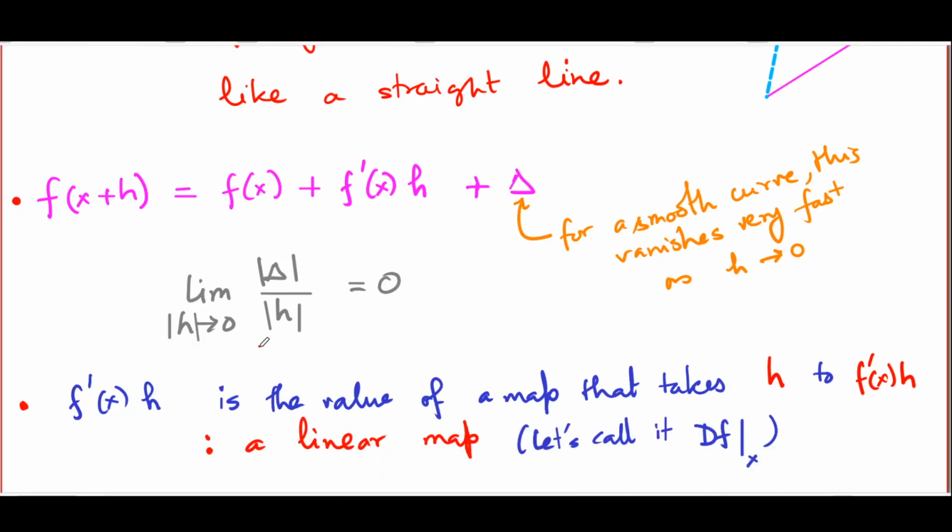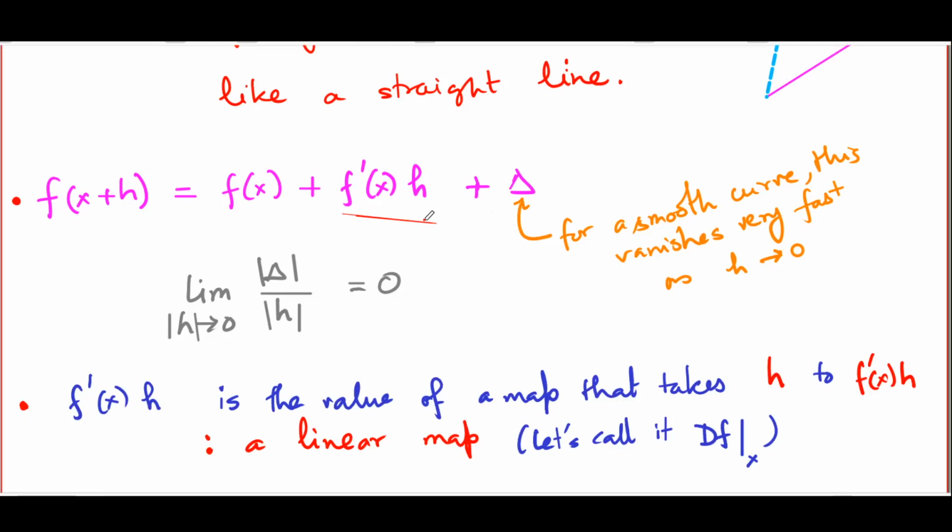Now, there are some points we must make about this. This quantity f prime x into h, what is this really? It's just a single number, but it is the value of a map that takes h to f prime x times h. Now this map, simple multiplication by the number f prime x, is actually nothing but a linear map.